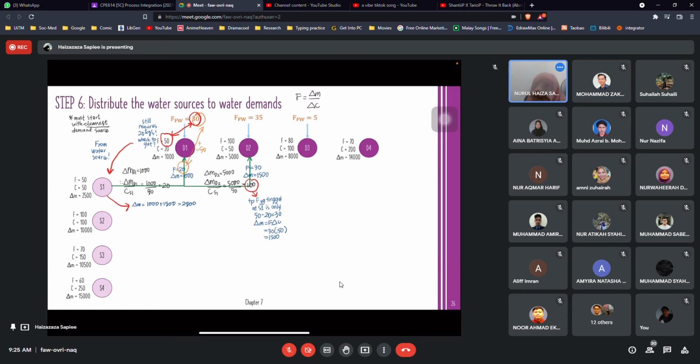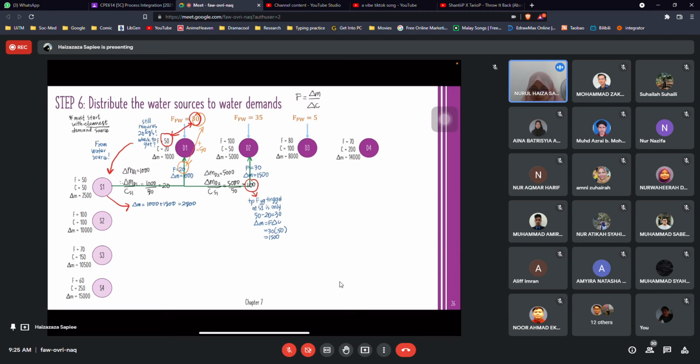Okay. So we only need for the F yang tinggal at S1 is only 20 kan. So kita hanya ada, so for D2 to be satisfied, we require another 100 lah. We require a total of banyak lah lagi yang diperlukan kan.